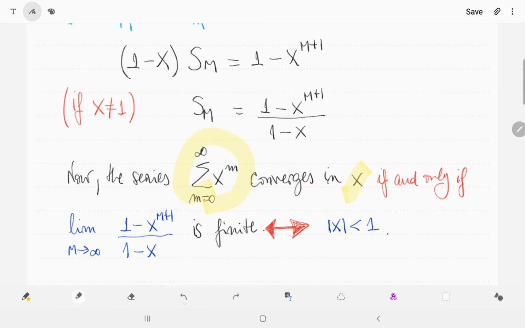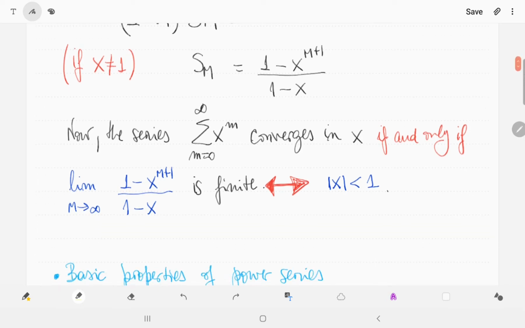So here we found that all the points for this particular example that make this series finite are the ones that have modulus less than 1. Later we will give some names to these, like the radius of convergence, and this will be called the interval of convergence, but maybe we talk about it later.